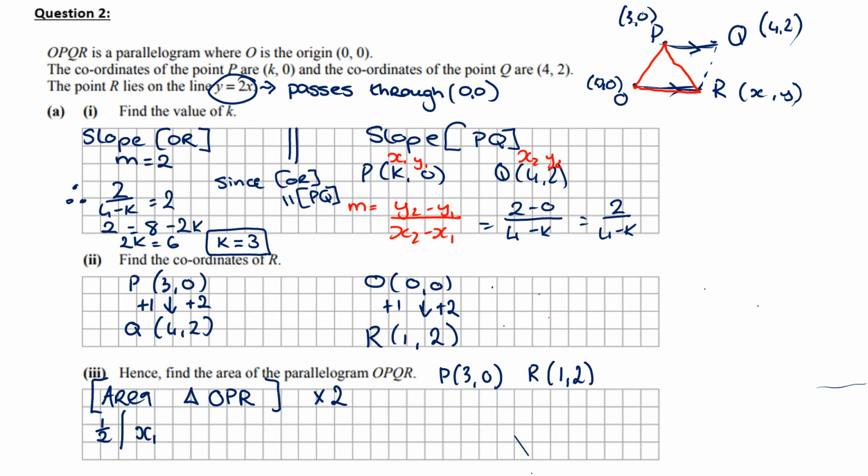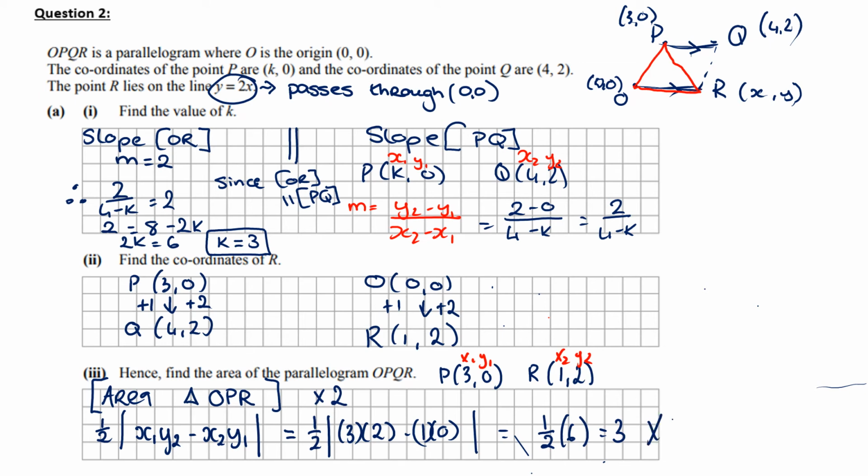Half of 3 times 2 minus 1 times 0, half of 6, which is 3, but then multiplying it by 2 gives me 6 units squared. Okay, so that's my area here of OPR.